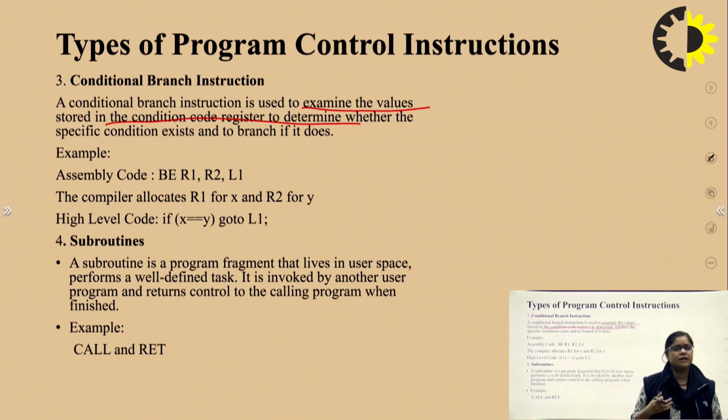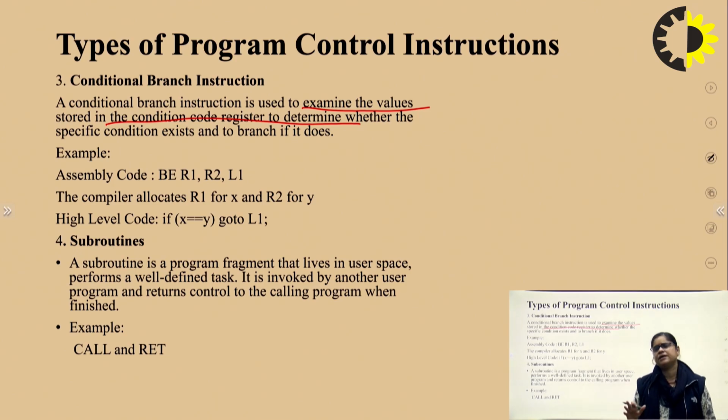For example, for the conditional branch instruction, when we are using C programming or any other programming, we use certain cases, right? If else: if this condition is true, then this will happen, else this will happen.